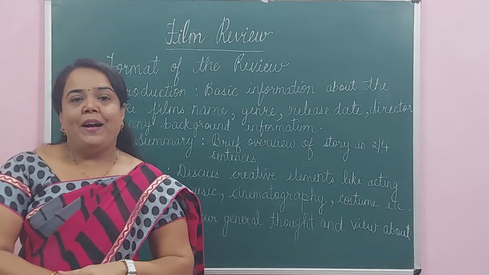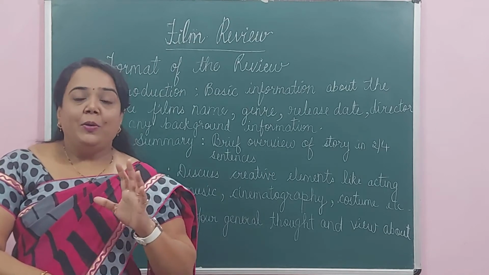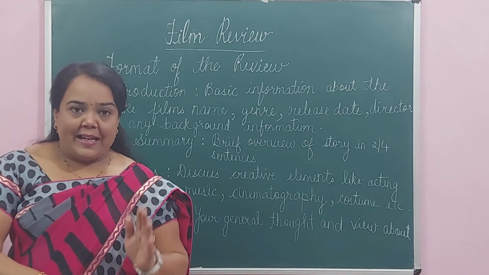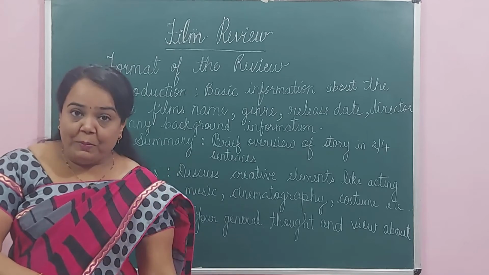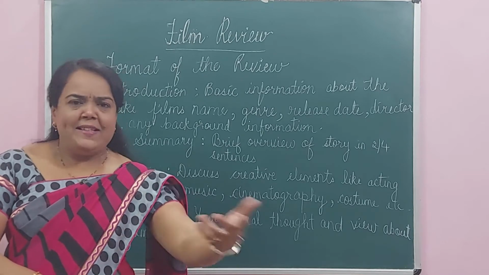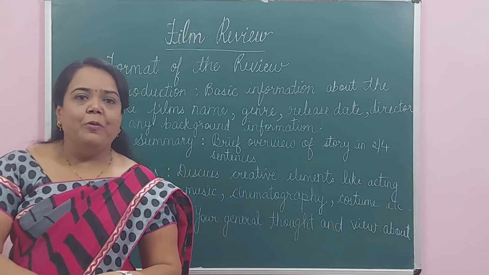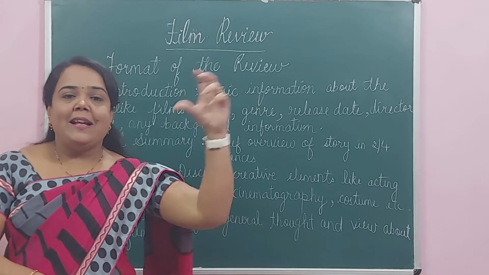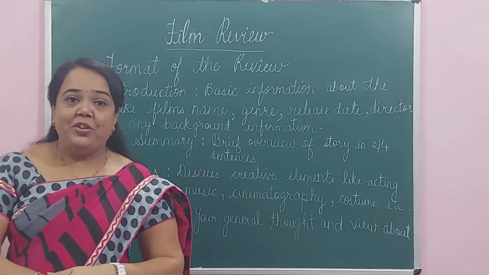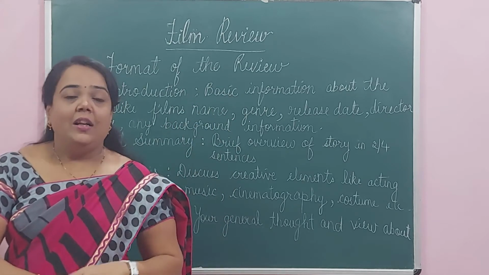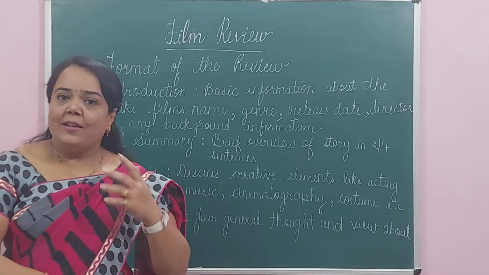Now here what you are expected to provide. You are expected to write about the name of the movie, the release date. If it's a recent movie, no need to mention. But if you are writing about a movie that you liked and it has been some time in the past, you have to mention the date of release, 2019, 20 or something.